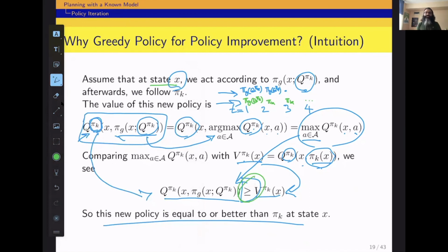Here I haven't proved anything about convergence. I showed that it is not going to be worse essentially and might actually be better, but it might potentially get stuck. But I'm going to prove that this is going to improve until it gets to the best policy, the optimal policy, and afterwards it's not going to improve, of course. So this slide is more of an intuition, but not a complete proof.